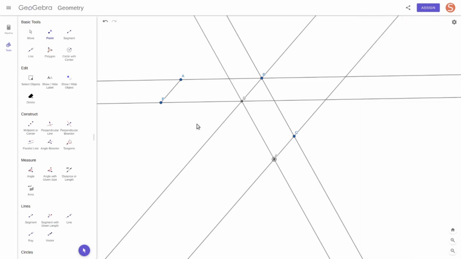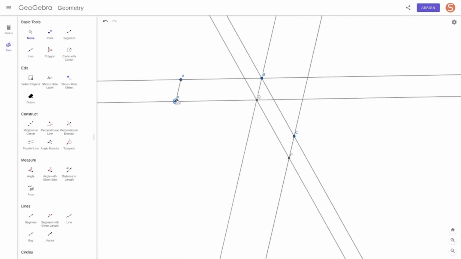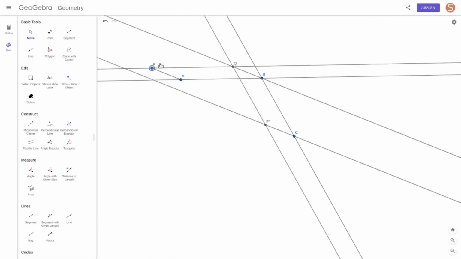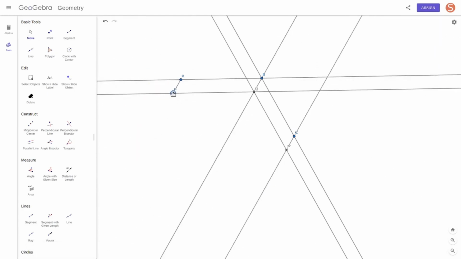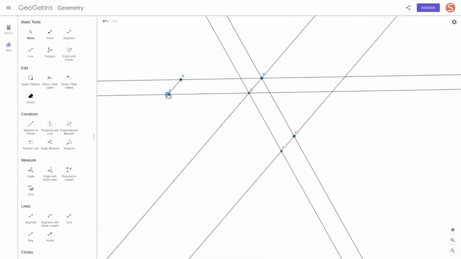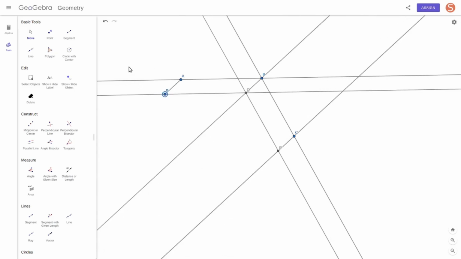Right, so that is the composition of this translation from A to B, and then the translation from B to C. And I'll move this point around. As you see, that works very nicely. And that's the translation from P to P prime.